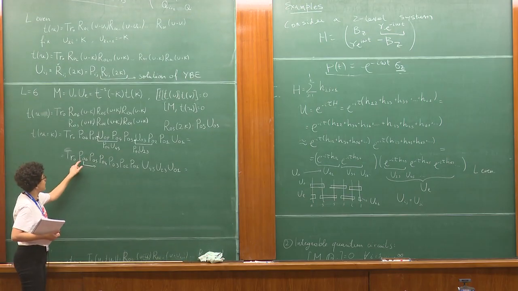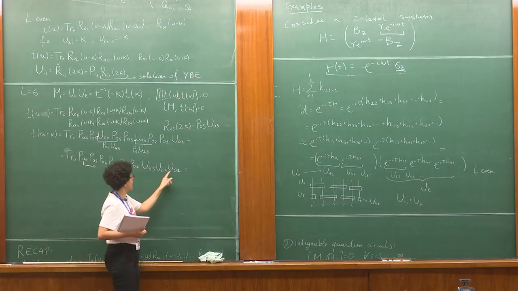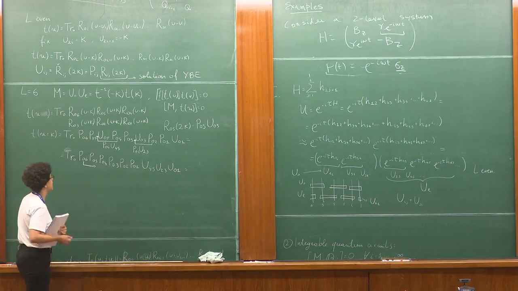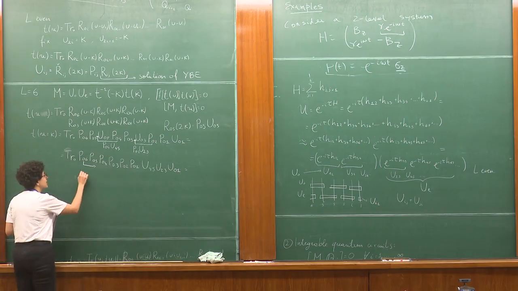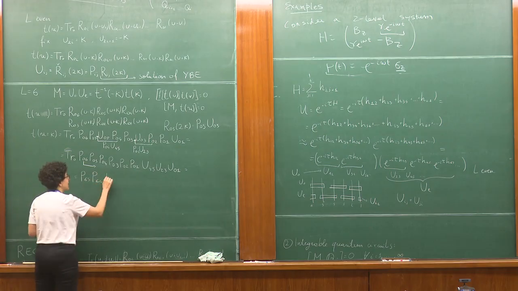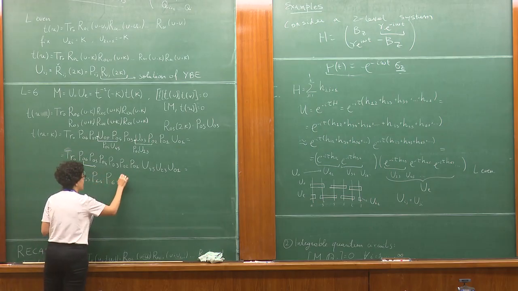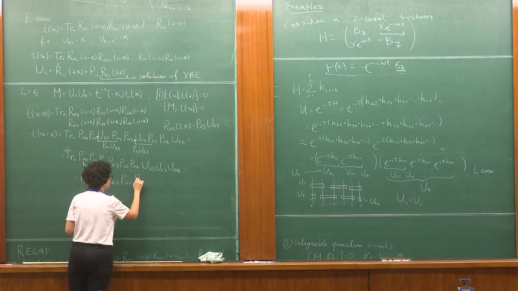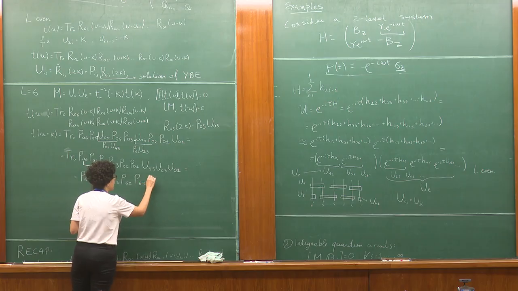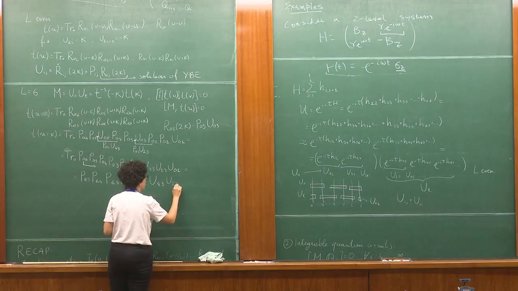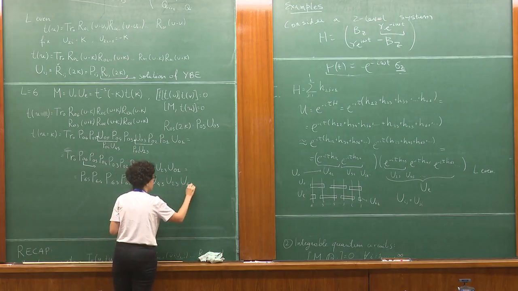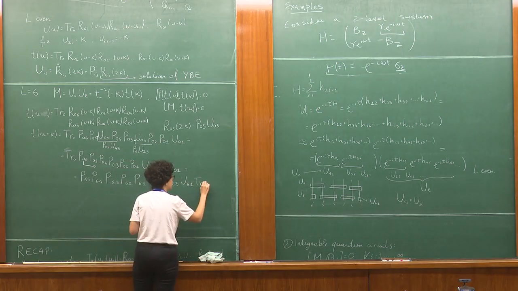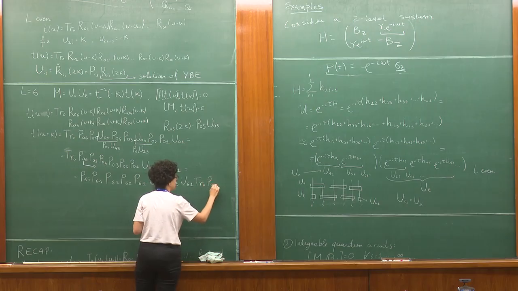So now I am moving P06 at the very end, and wherever there is a 0, this becomes 6. So this is P65, P64, P63, P62, P61, and then U45, U23, U61, and then the trace over 0 of P06.